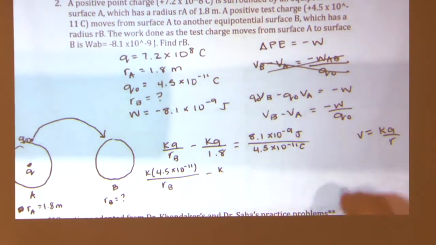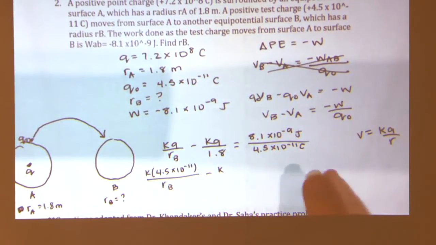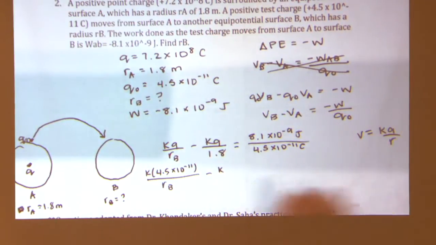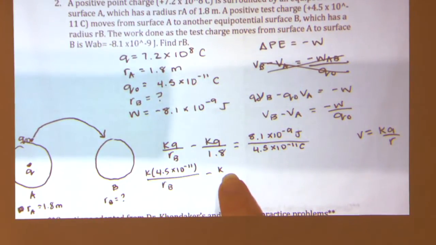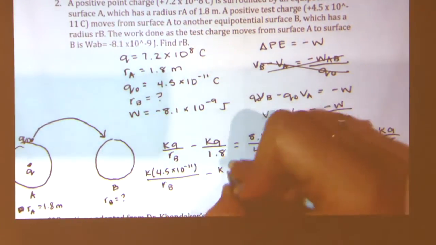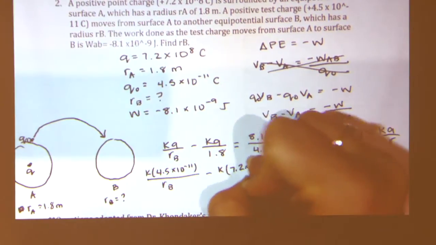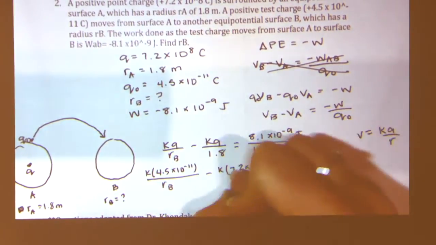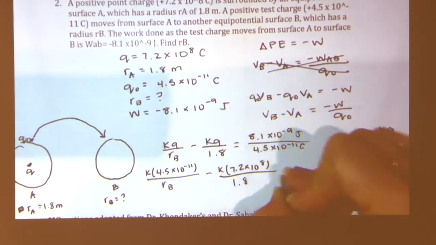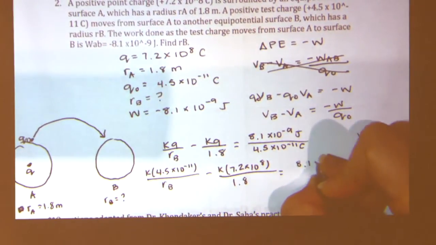So if you see so far, we have not done anything with that point charge, so we need to plug that in here to show what effect that point charge is going to have on the work. So that point charge, 7.2 times 10 to the 8, all over 1.8 is equal to all of this.